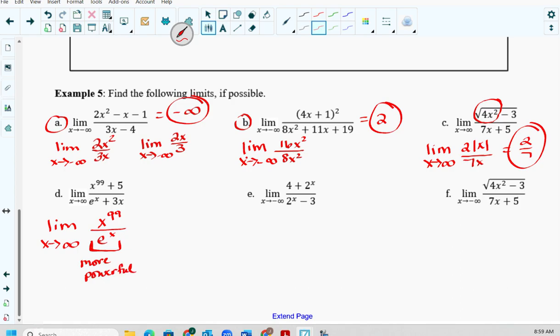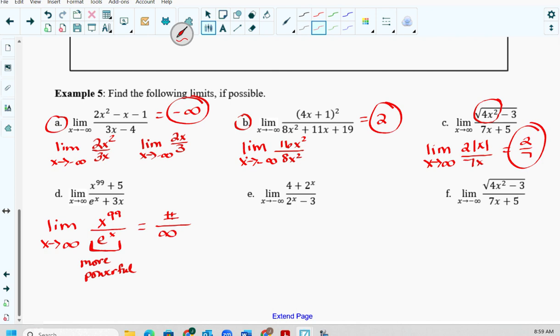So what you really end up with here when you plug infinity is some number over, let's think about what would e to the infinity be? Infinity, like a really big number, right?